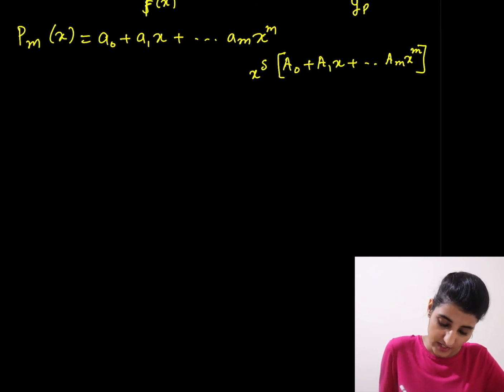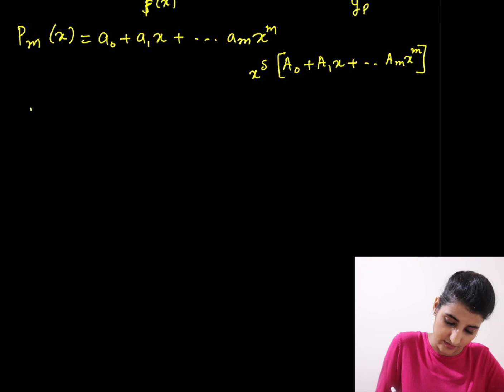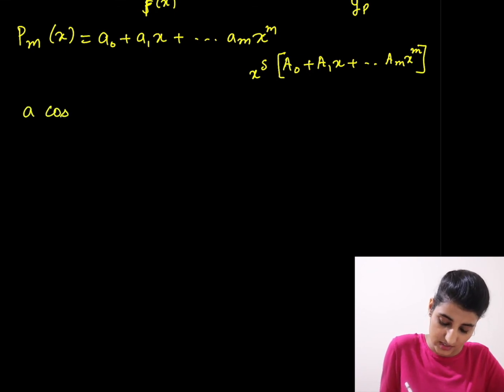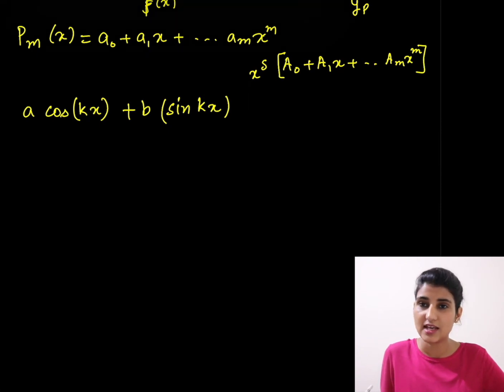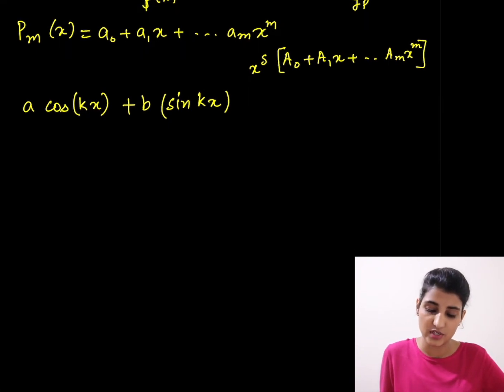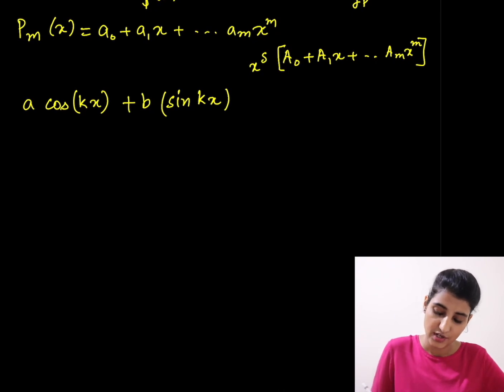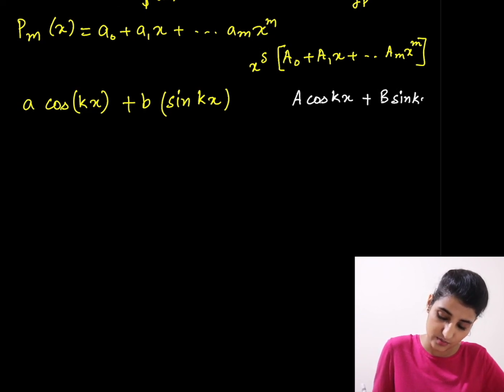If your f(x) is a cosine kx plus b sine kx, even if you have only sine kx or cosine kx, where a or b, one of them can be equal to 0, your yp will look like a cosine kx plus b sine kx.